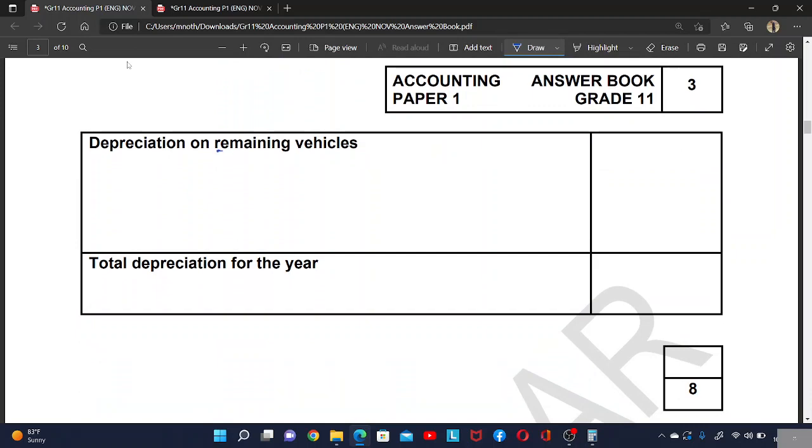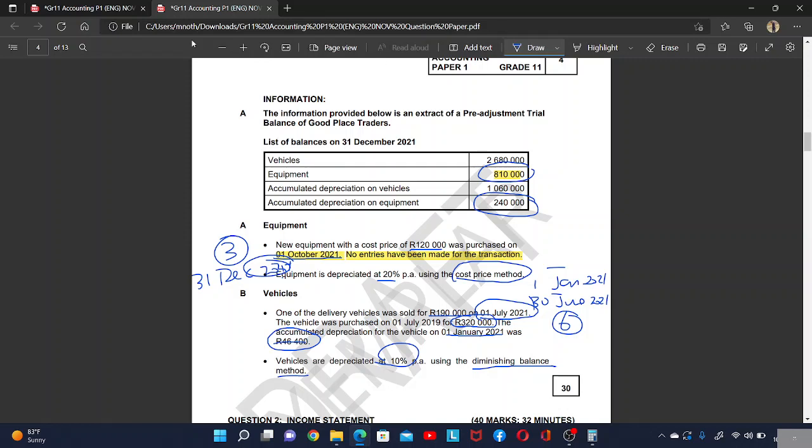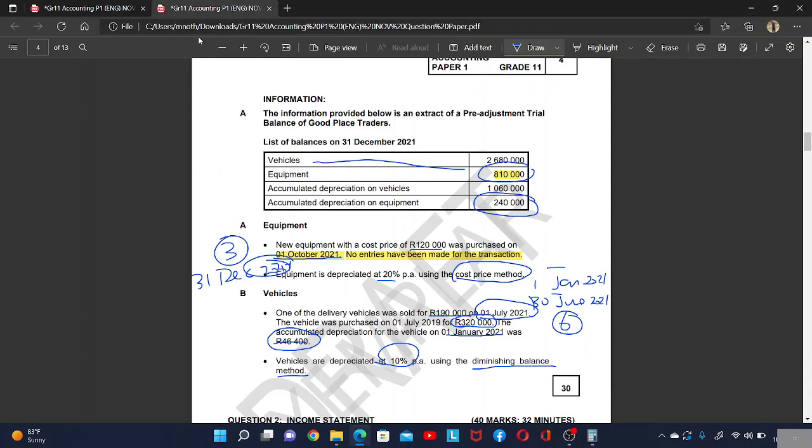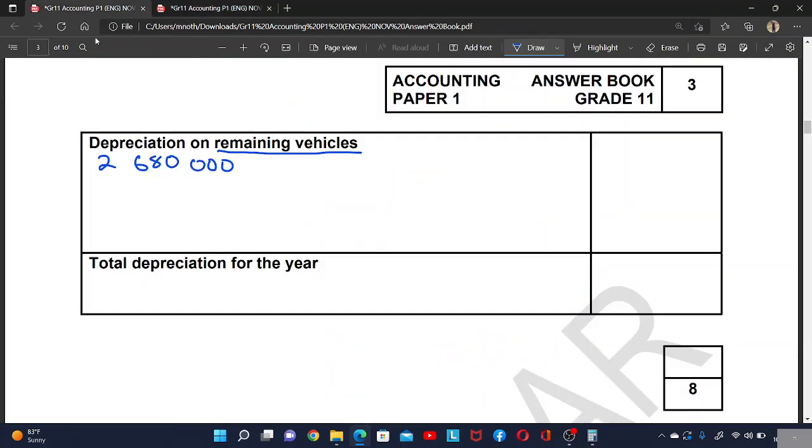Depreciation on the remaining vehicles. The vehicles cost is 2,680,000 and the accumulated depreciation is 1,060,000.